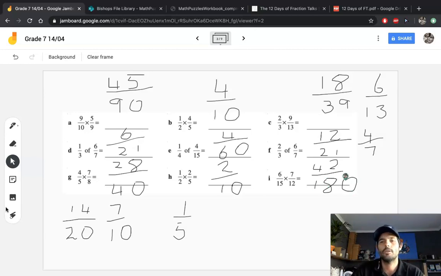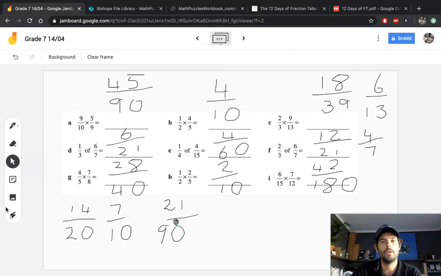Okay, and then to simplify that, I'm just going to make some space. To simplify that fraction, oh dear, I don't know what the highest common factor of 42 and 180 is. So what am I going to do? First I'm going to divide by 2, and I'm going to divide by 2 over here at the denominator.